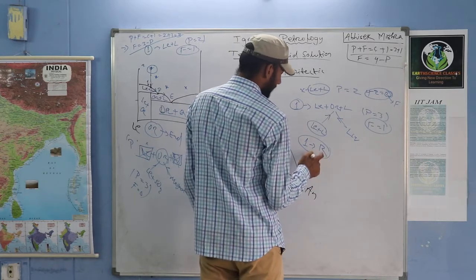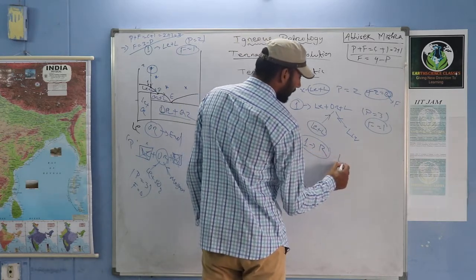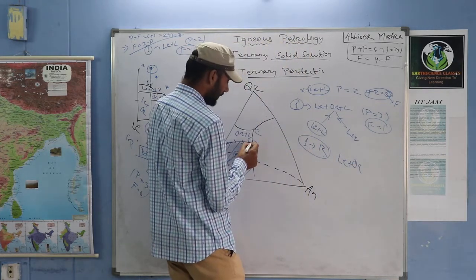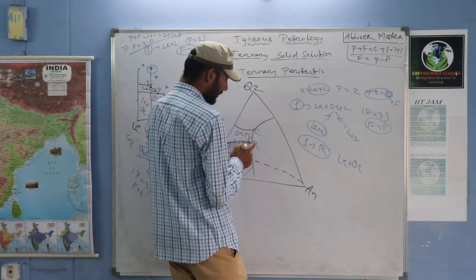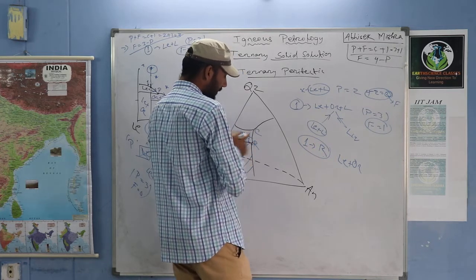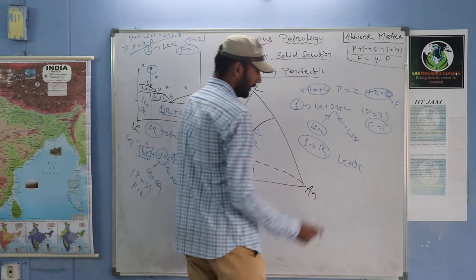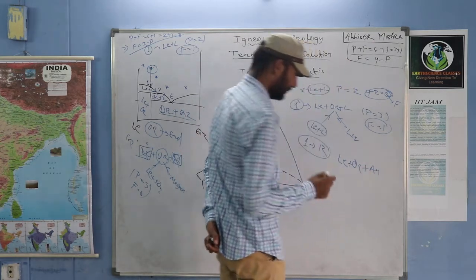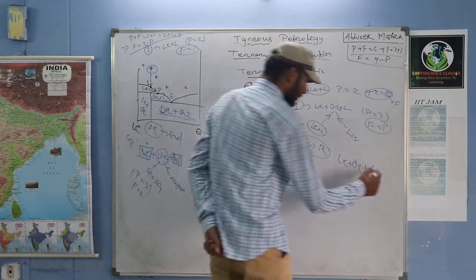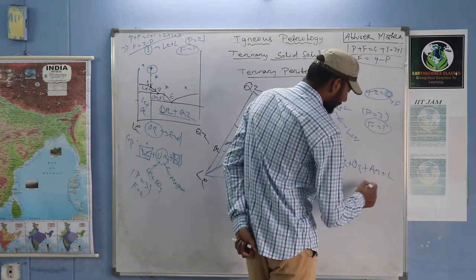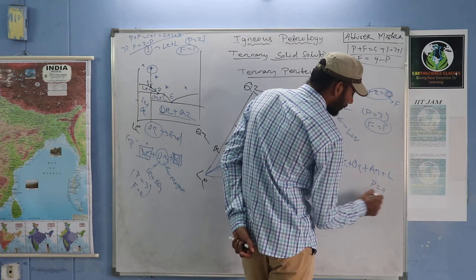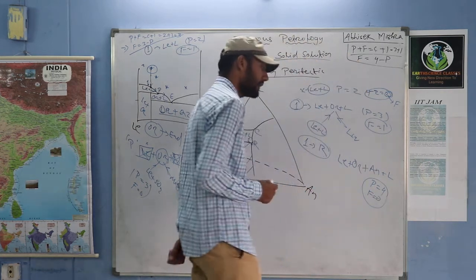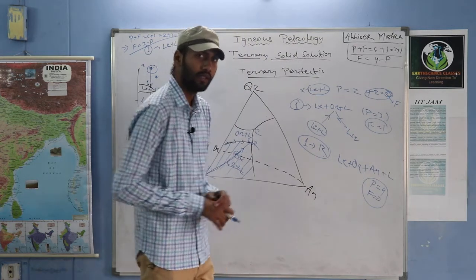At R what happens? You will get leucite plus orthoclase. R means here, right? This is the common point between the leucite field, orthoclase field and anorthite field. So you will get leucite plus orthoclase plus anorthite plus liquid. Okay, so the number of phases becomes 4, and the degree of freedom becomes 0.